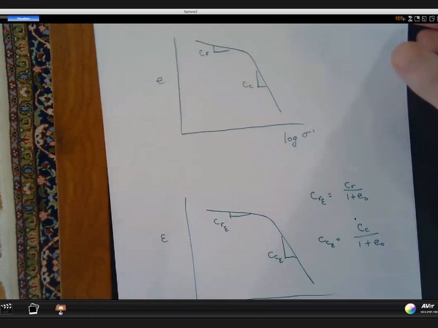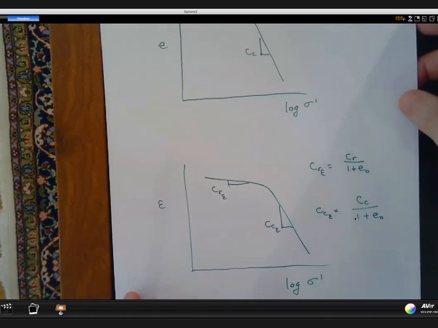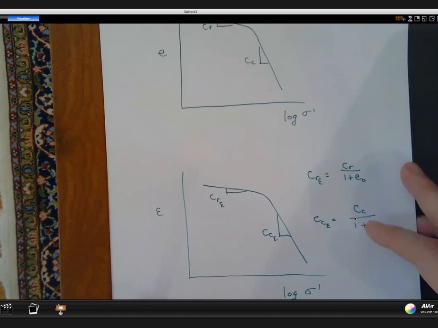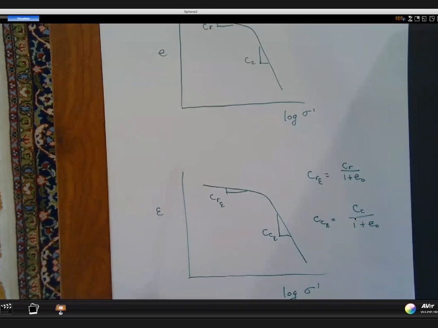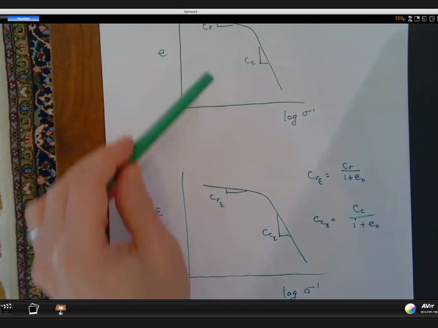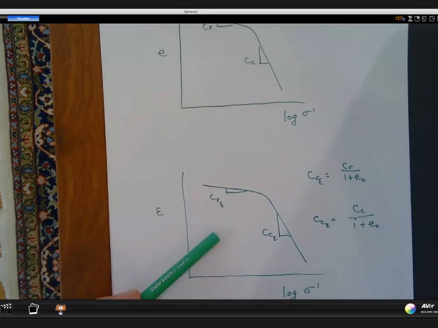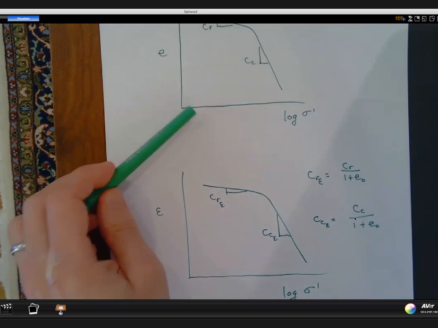And what is shown below is a very similar looking curve. It is instead strain versus log of sigma prime. And you'll note that the shape of the curve is identical. It's more or less just a scaled diagram of this plot.